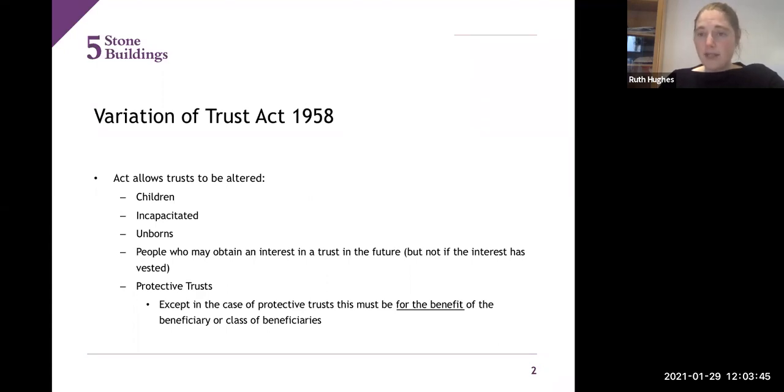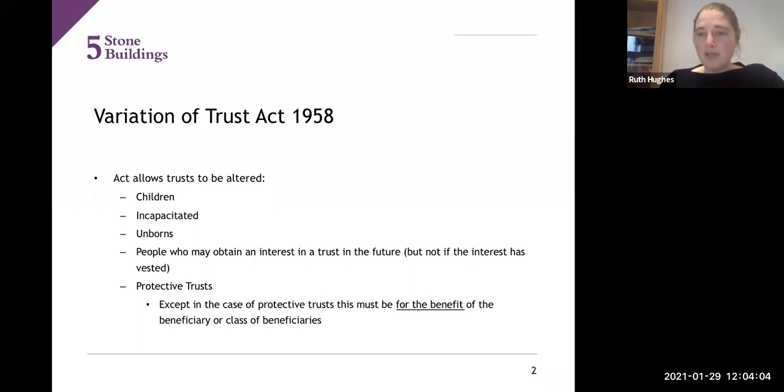Normally the kind of applications you see will be for variation on behalf of children or unborns. All except the protective trust category requires there to be a benefit for the person or the class that permission is being sought on behalf of to vary the trust.